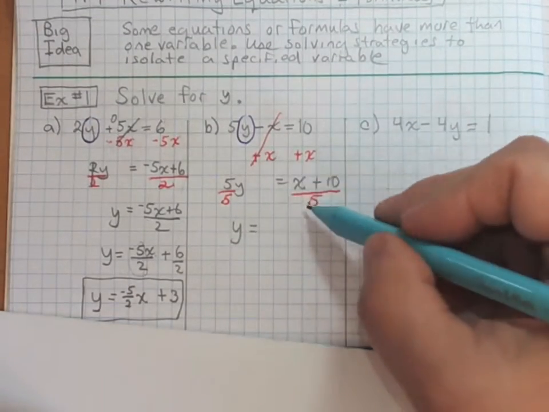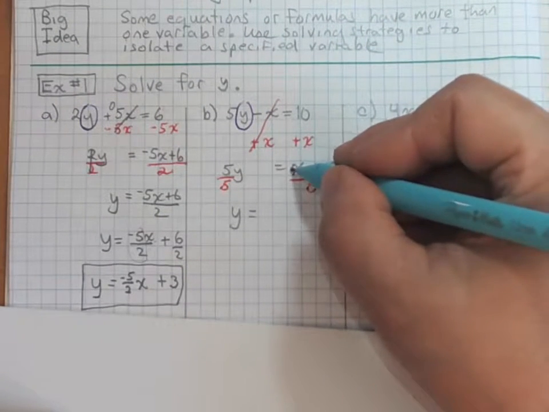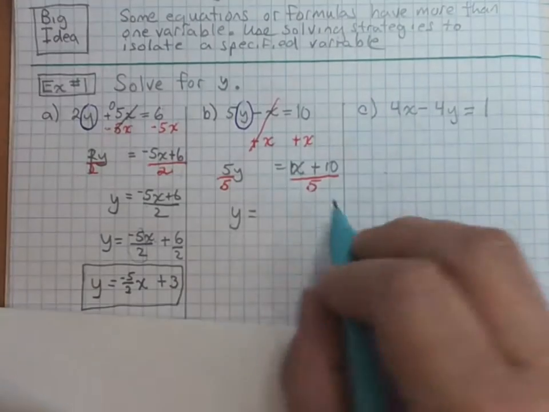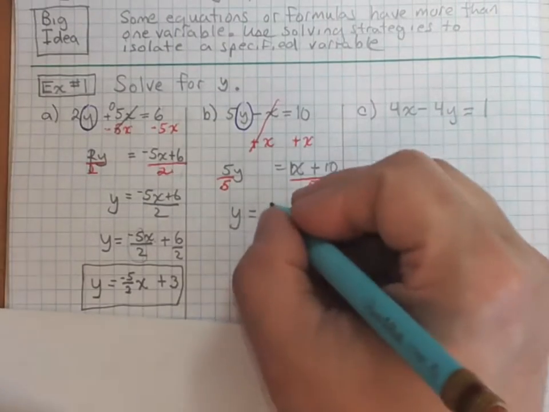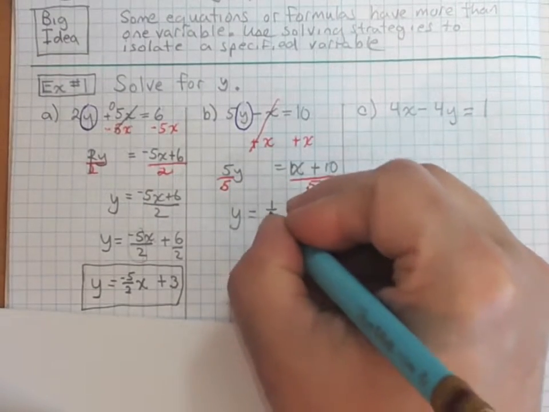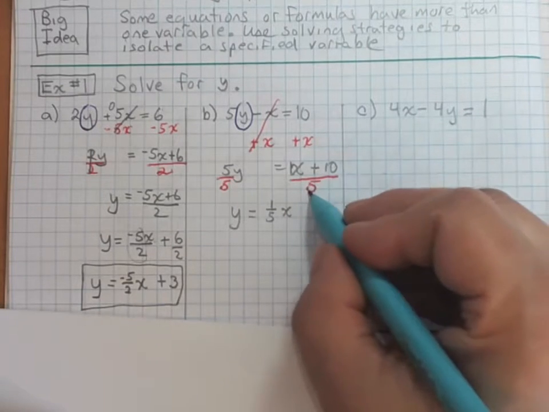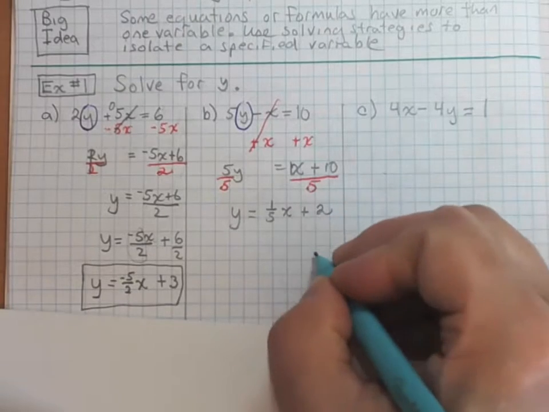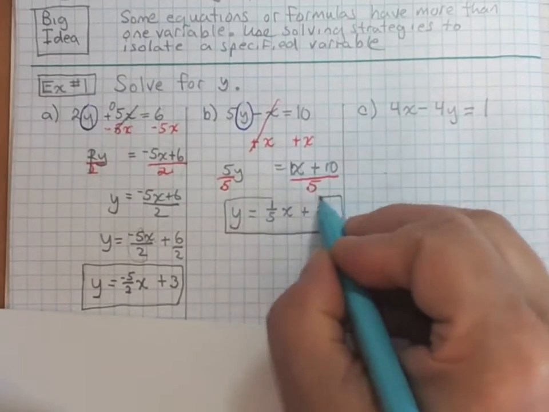Can you do this in your head? What's the number next to x? What's our coefficient? If you don't see it, it is a 1, right? So this is 1 over 5 times x. That's my first term, 1/5 x. And then this is plus 10 over 5. 10 divided by 5 is 2. So plus 2.